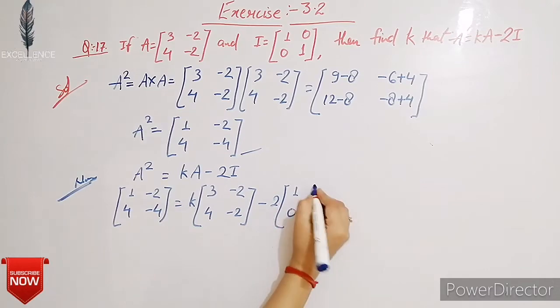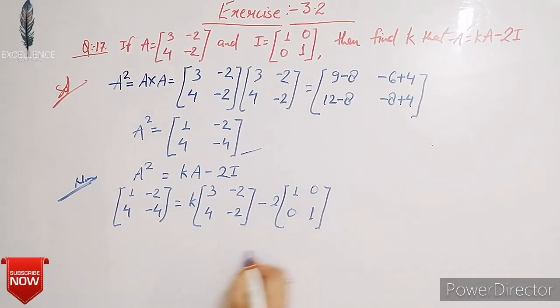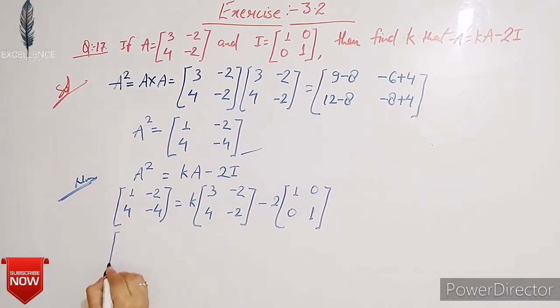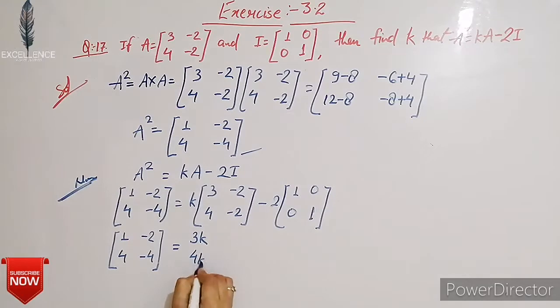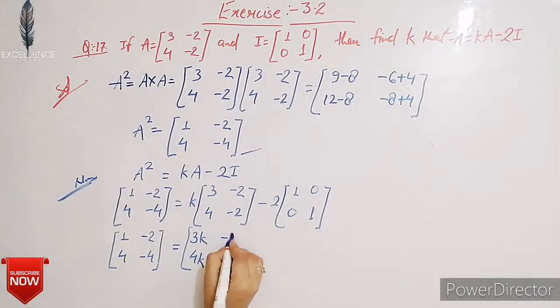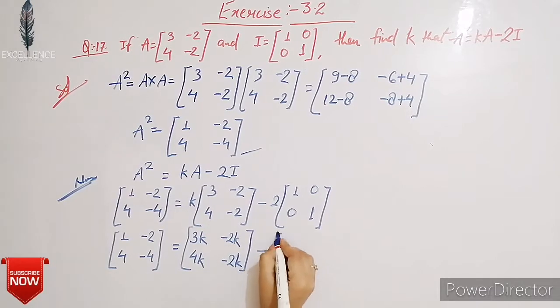I is 1, 0, 0, 1, identity matrix of order 2. Now each element multiplied by K, then we have 3K, 4K, minus 2K, minus 2K, minus here it becomes 2, 0, 0, 2.